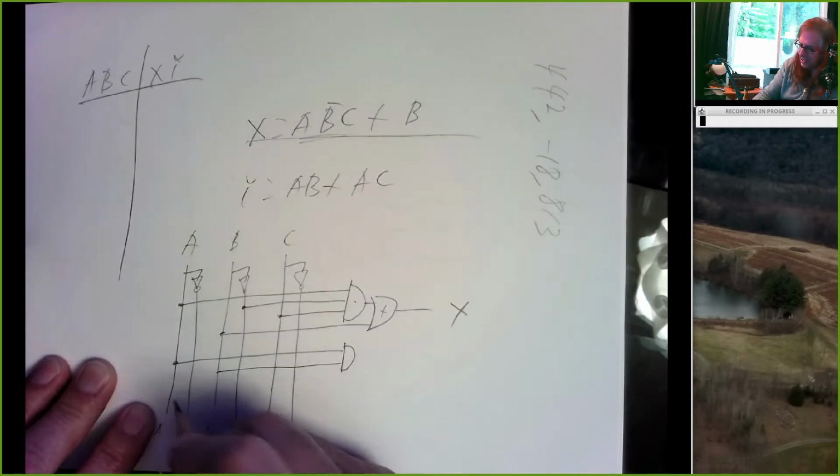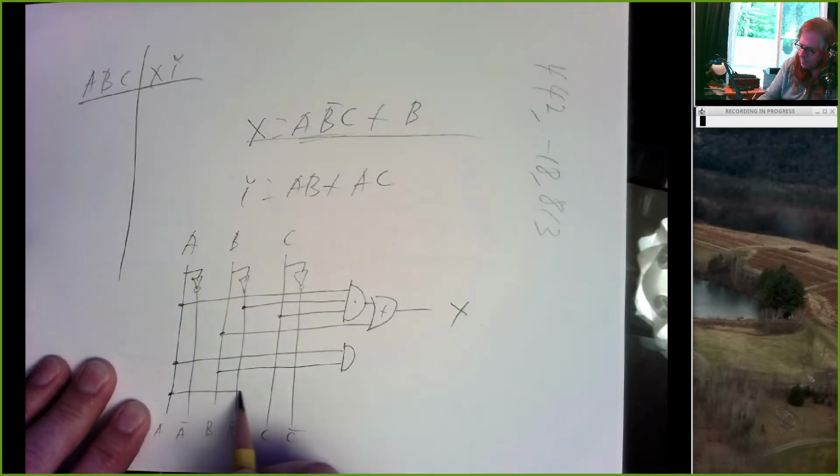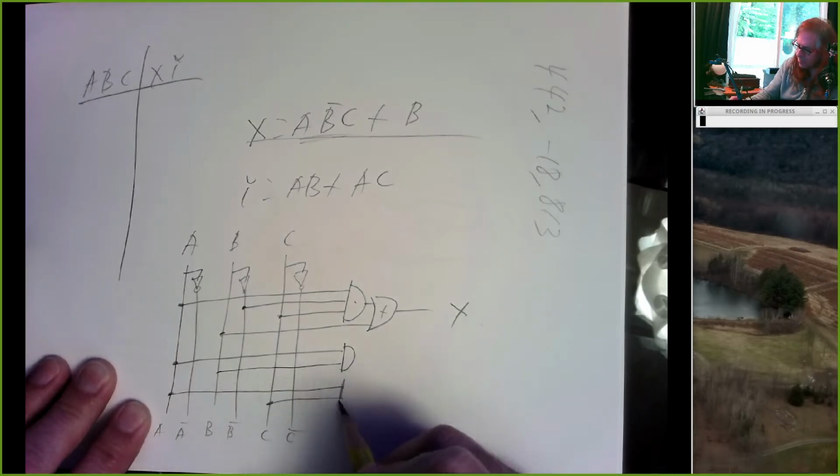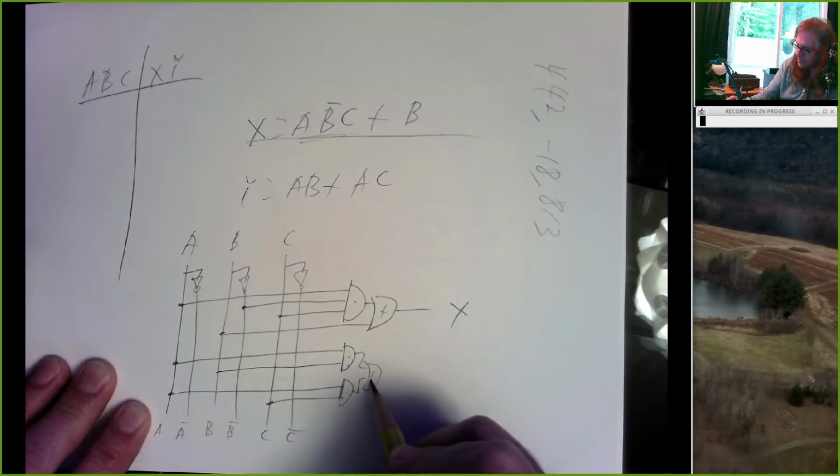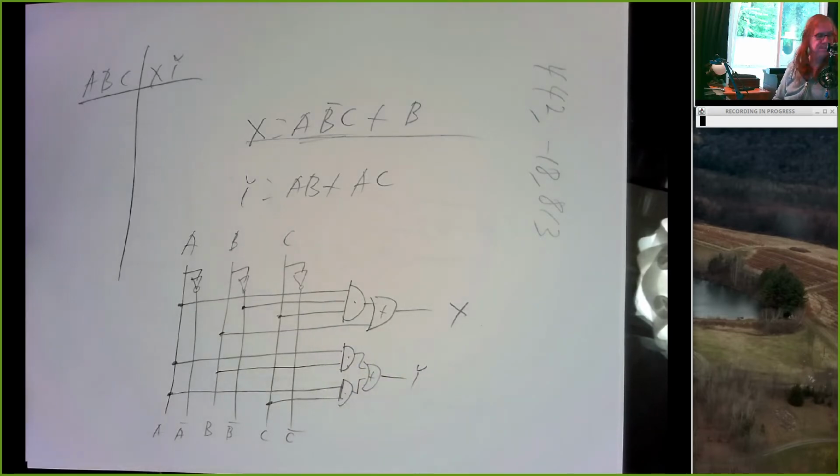And then we need to take AC and those together. And then OR those. There's Y. And you can keep going, and you can do that for all 6 outputs. And that's probably the least error-prone approach.